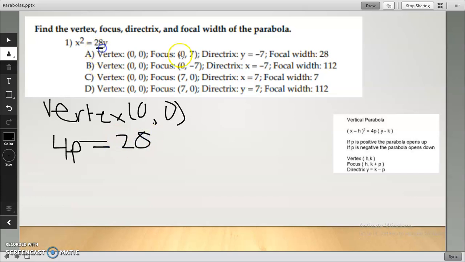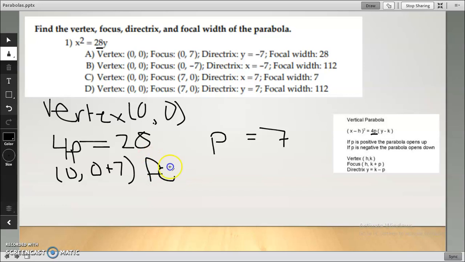And that's just looking at the formula here. And so that means that my p, because I divide by 4 on both sides, has to be 7. So then my focus has to be 0, and then 0 plus 7, or 0, 7.